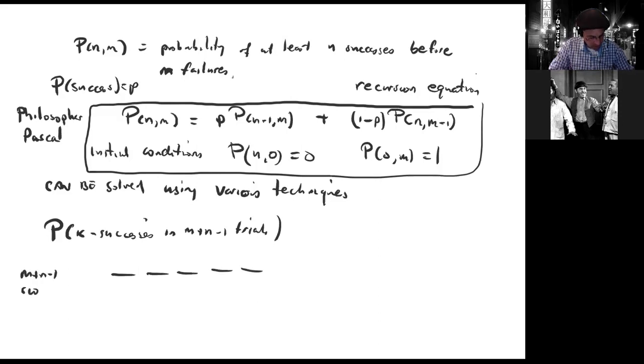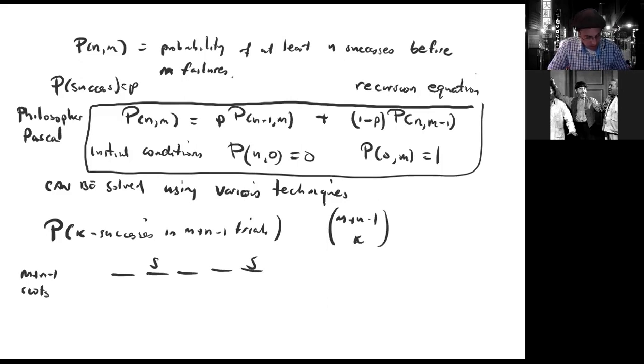These are the trials. And you want exactly k successes in that. So how many ways can you put the successes in? You can put the k successes in m plus n minus 1 choose k ways. So here would be a success, here would be a success, let's say, and the rest would be failures.